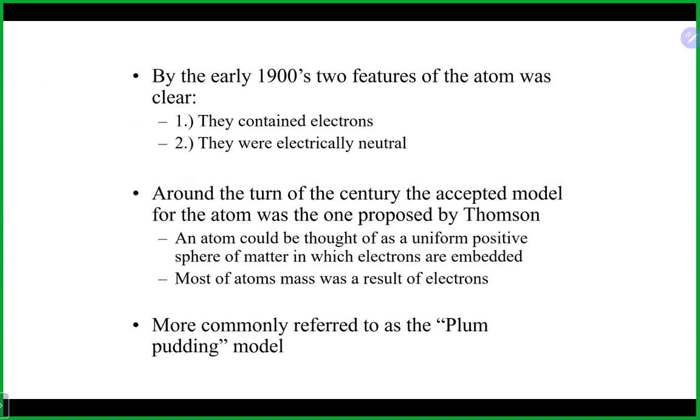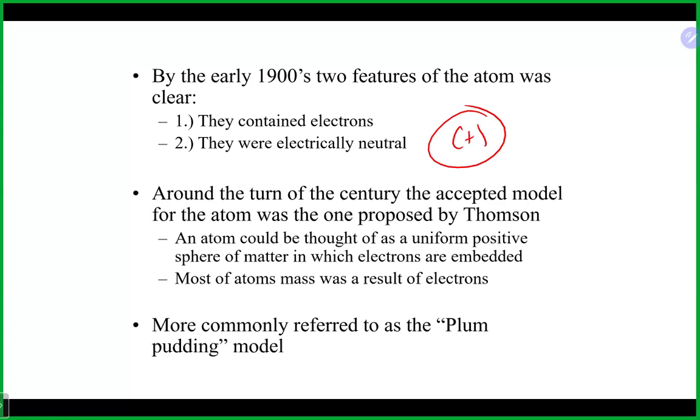Obviously, it was determined that atoms do contain electrons, but it was also determined that atoms were neutral. So if we know that atoms contain negatively charged particles like electrons, but overall atoms are neutral, that means that there must be some type of positive component there, right, to balance out the negatively charged electrons.